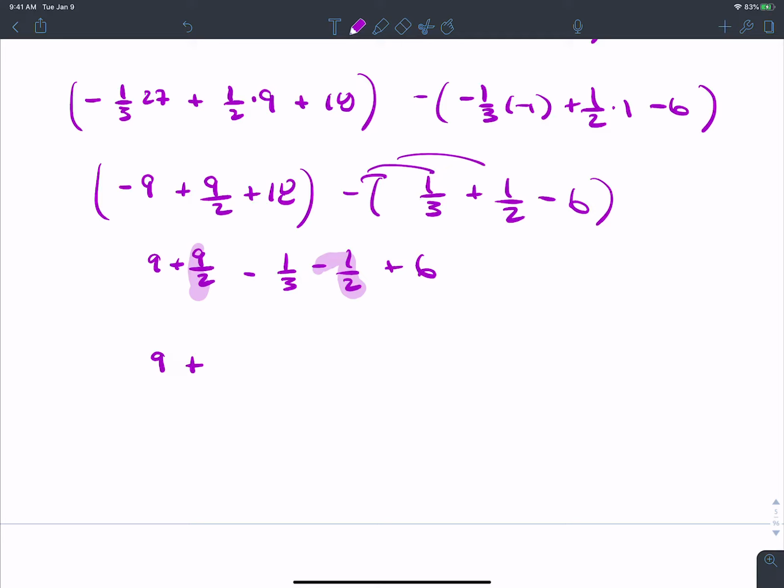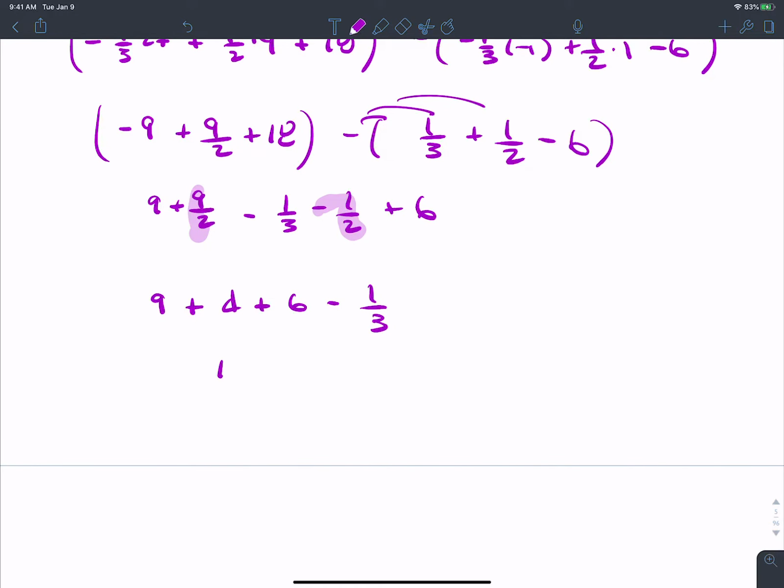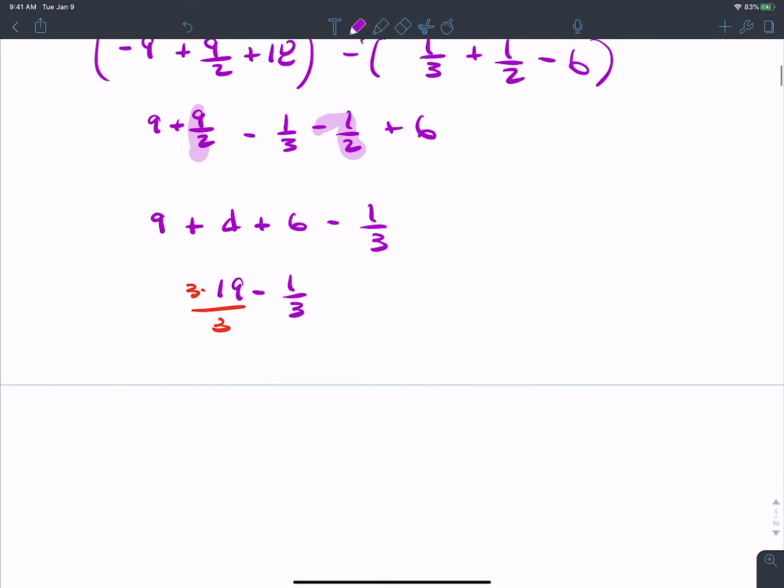Sometimes I have to stop talking and writing. Just keep writing here. So 9 halves minus 1/2 is 8 halves, which is 4. So I have 9 plus 4 plus 6 minus 1/3. So it looks like I have 19 now minus 1/3. So let's multiply the top by 3 and the bottom by 3. So what's 3 times 19? Do you guys know? Is that 50? What is that? 57? Yes.